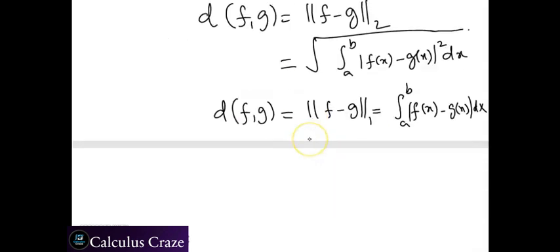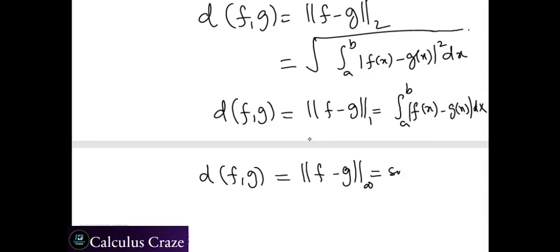And if you are taking the infinity norm, then the distance will be the infinity norm of f minus g, and this is going to be, how do we define supremum? The supremum over x from a to b of the absolute value of f of x minus g of x, right? So this is how every normed space can be given the structure of a metric space, right?